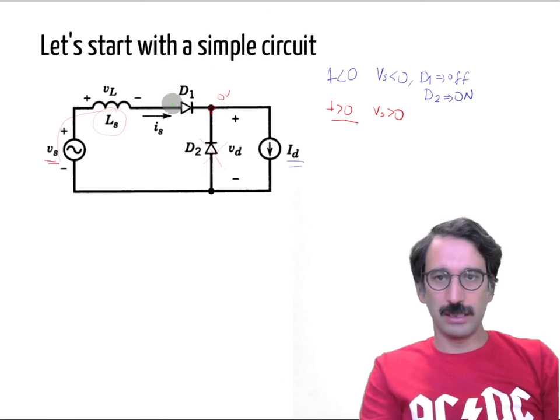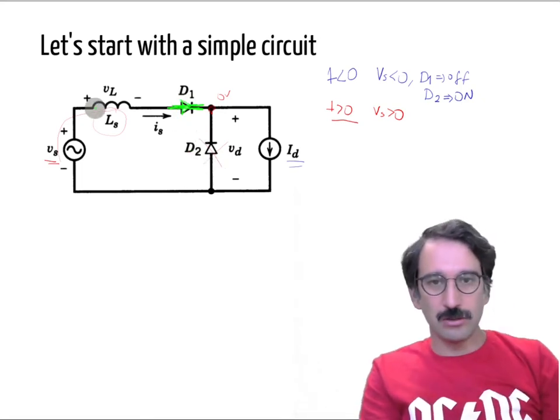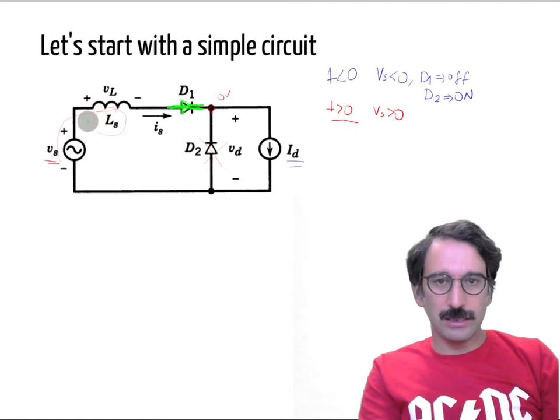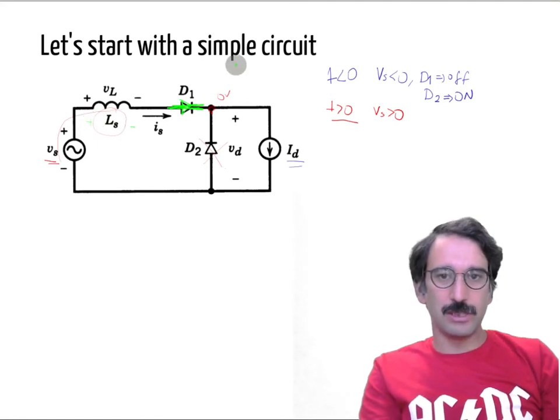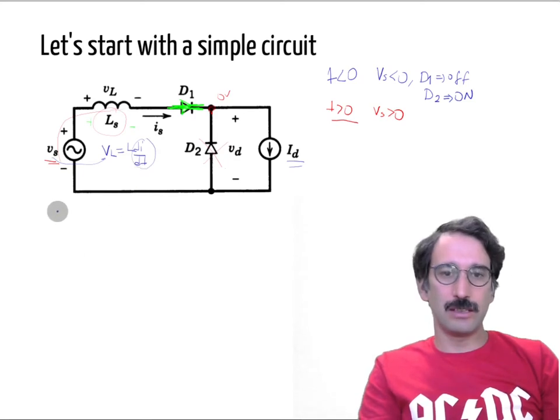So now it is on. Let me show it with a yellow arrow, a green arrow. The problem is that from the inductor's point of view, VL is equal to L di over dt, and since Vs is not infinite, there will be some time to increase the current.